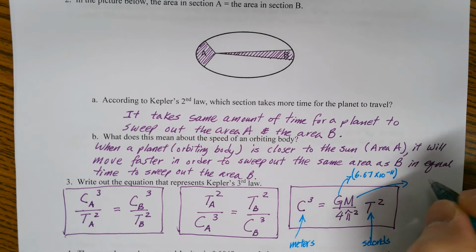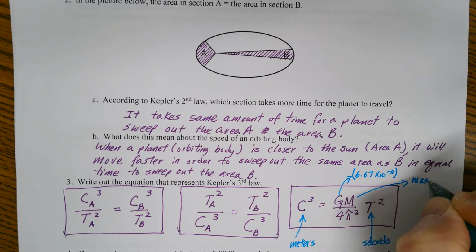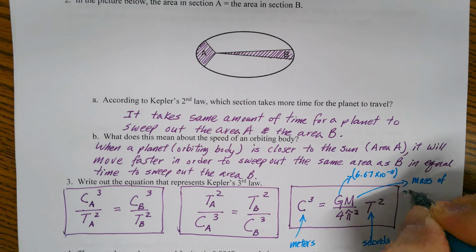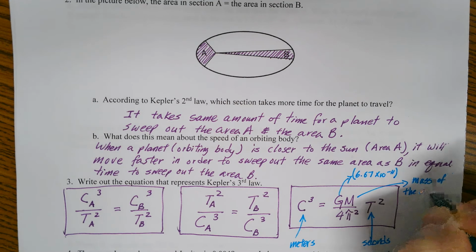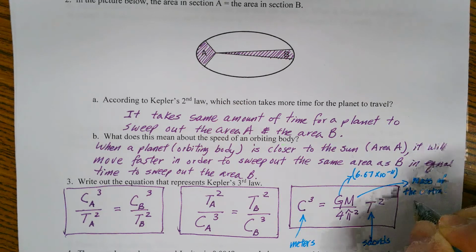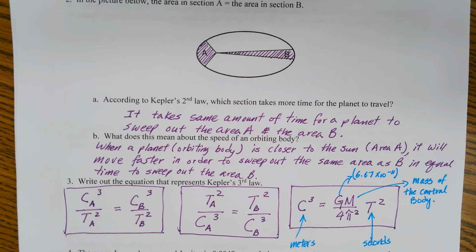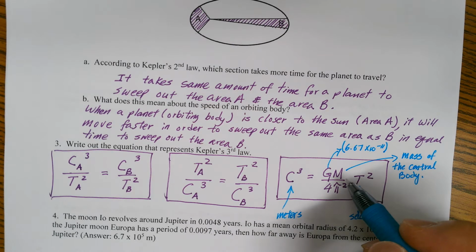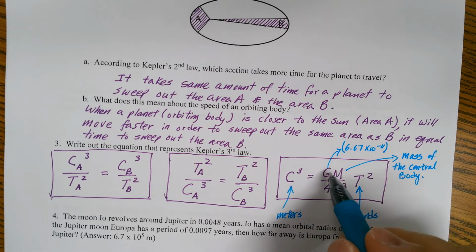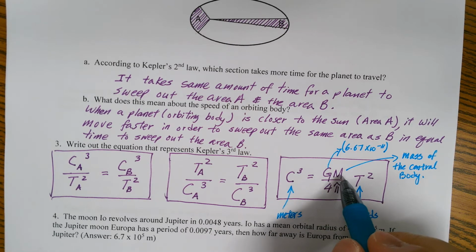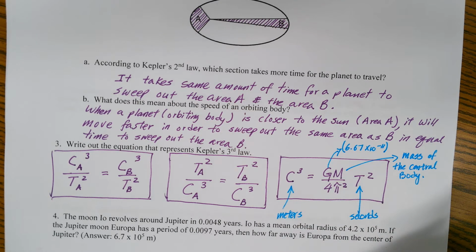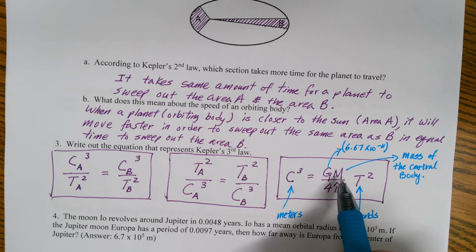This is the mass of the central body. Which means if a planet is orbiting around the sun, you put the mass of the sun in here. If you have a system where a moon is orbiting around a planet, then you put the mass of the planet in here.